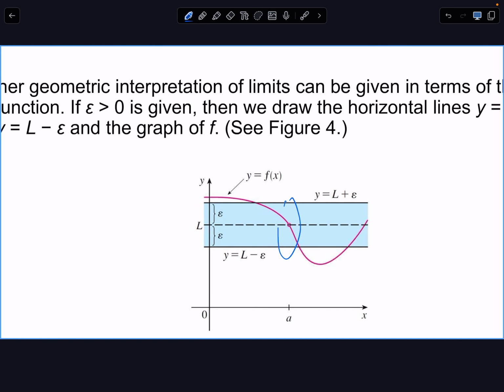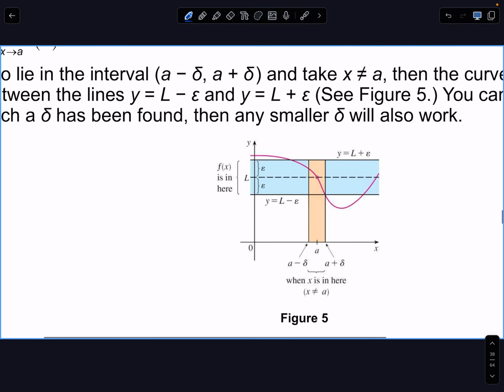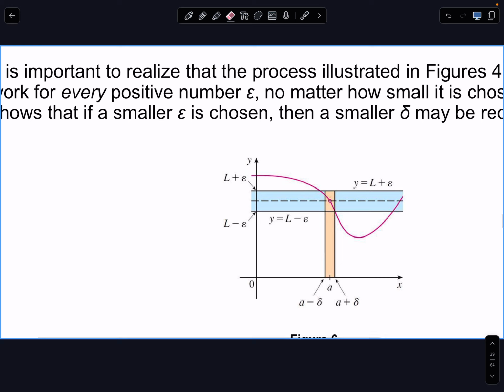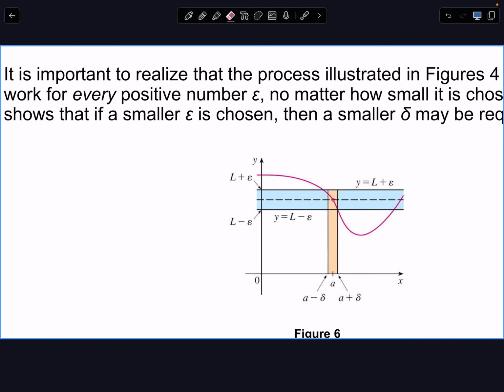The function ends up squeezed within this blue interval when the X values are within this interval near A. If I make the interval around A smaller, that beige area, then I will be shrinking that epsilon, the blue area, as well. I can get it more accurate, basically.